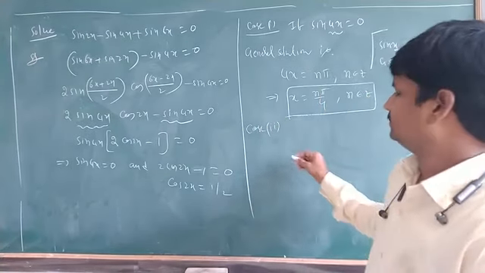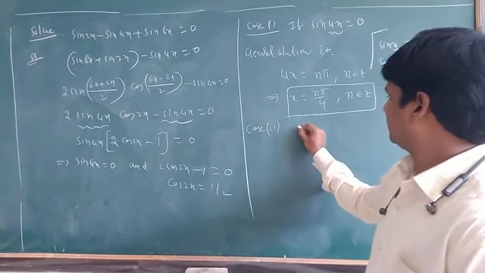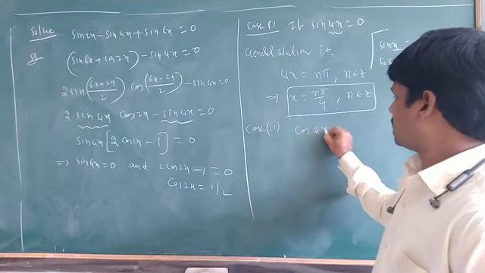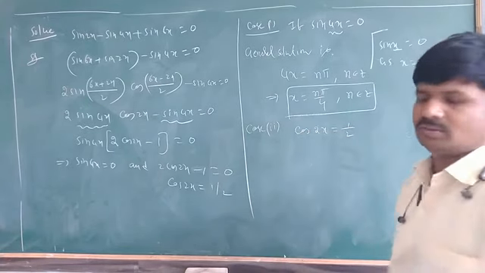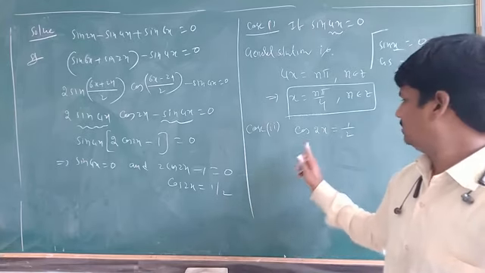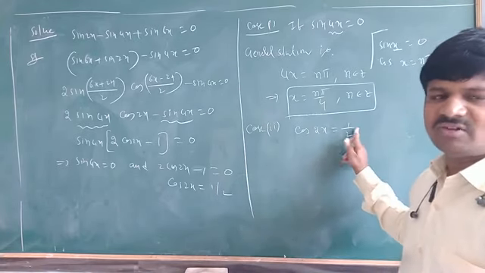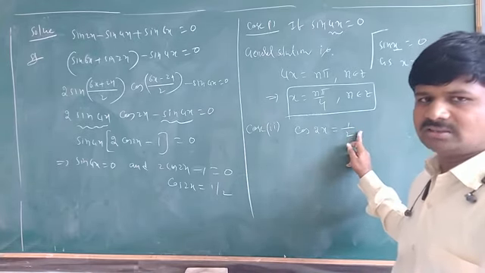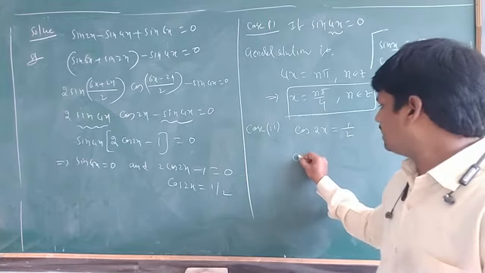What is case 2? Cos 2x is equal to 1 by 2. Which form is it? Is it the cos x is equal to cos alpha form or not? Now, what can we write here?